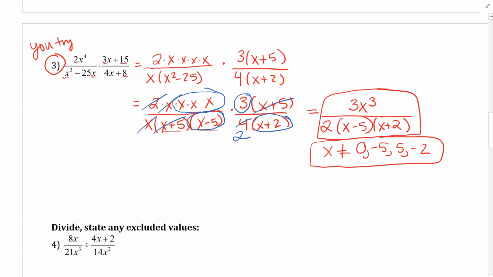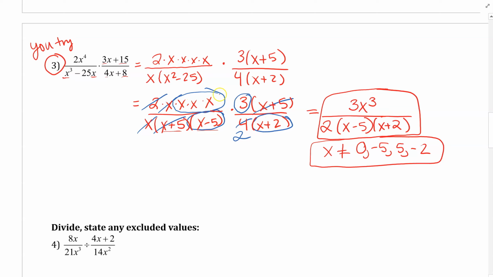And then what happened next is that the factors of x plus 5 canceled. One of the factors of x canceled. And then 2 could divide into 4, leaving a 2 behind on the denominator, right? There was a 1 left in the numerator and a 2 left in the denominator. So then you're supposed to multiply the rest of the stuff together.